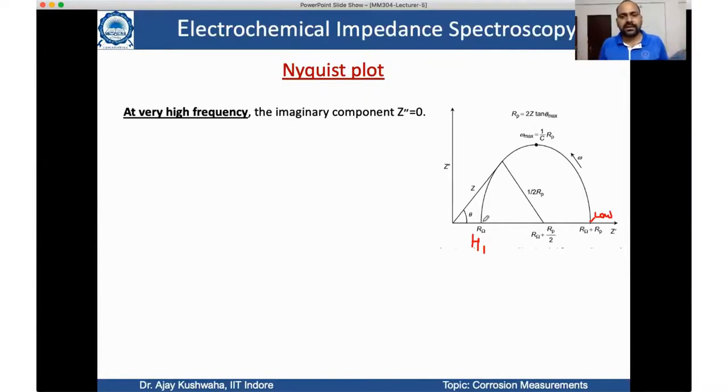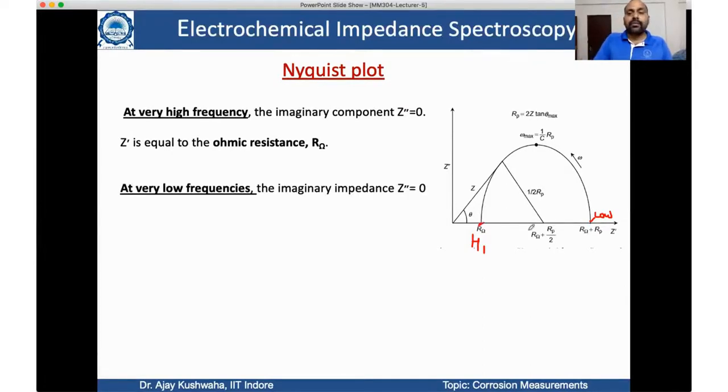Because here at high frequencies, basically the high frequency starts from here and slowly goes down, and we are measuring this plane. So the value at the high frequency side, when Z double dash is 0, the Z dash is equal to the ohmic resistance. So this value you can easily calculate, and this value is equivalent to R omega.